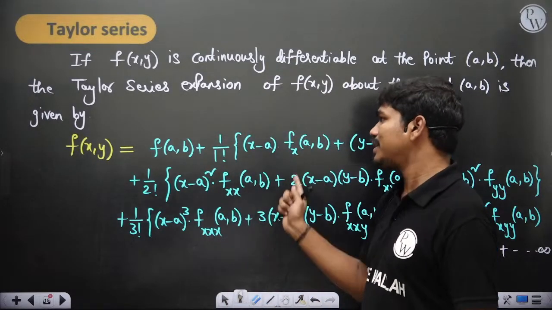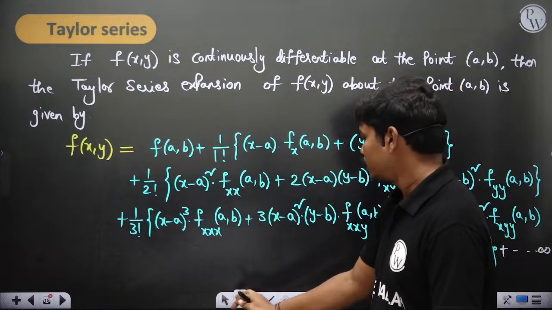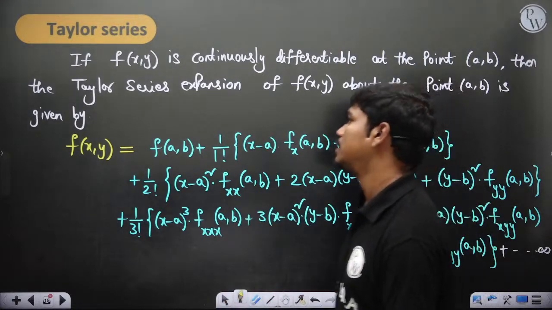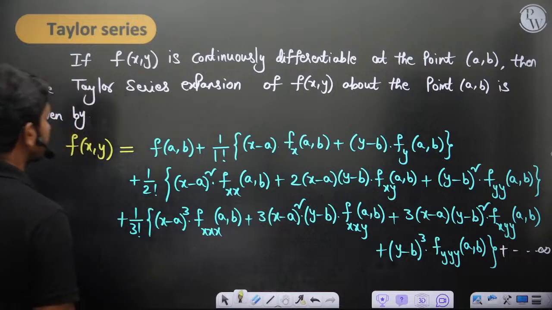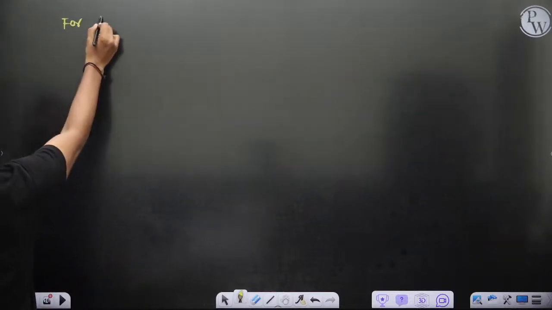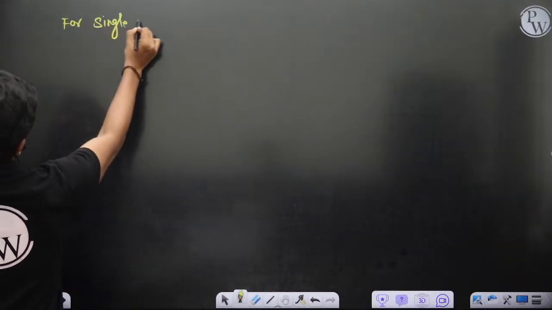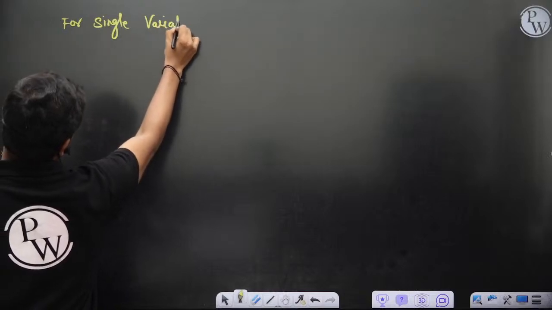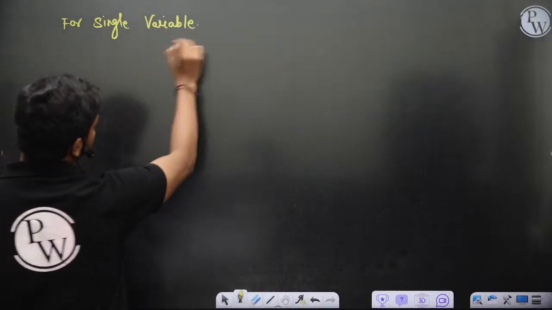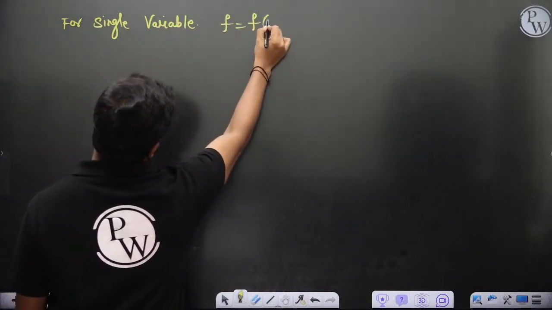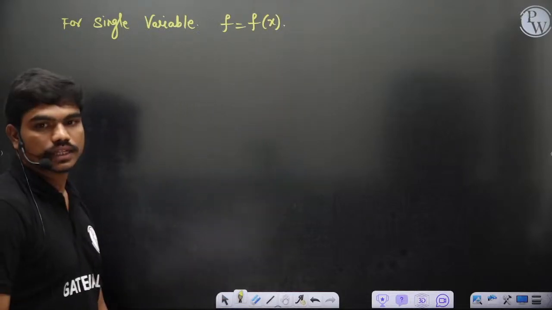So this is the Taylor series expansion. Then let's see if you try to model it into a single variable. For a single variable, the function is only in terms of x, there is nothing in terms of y.